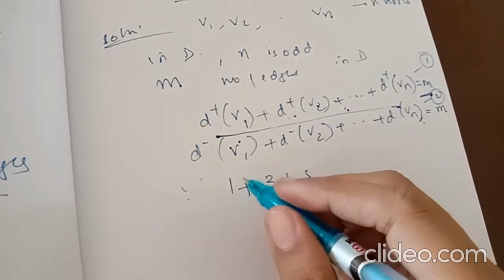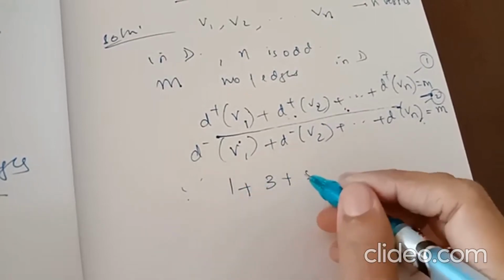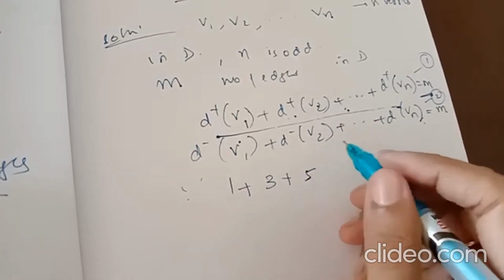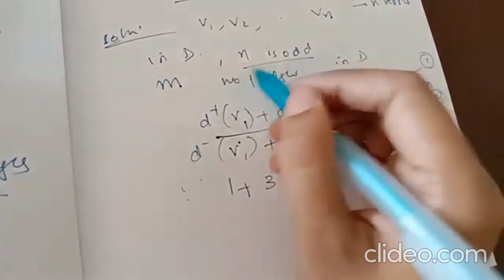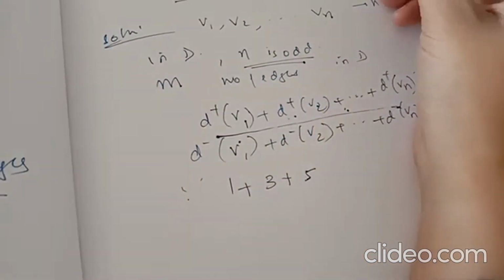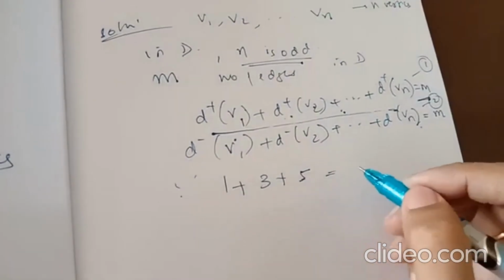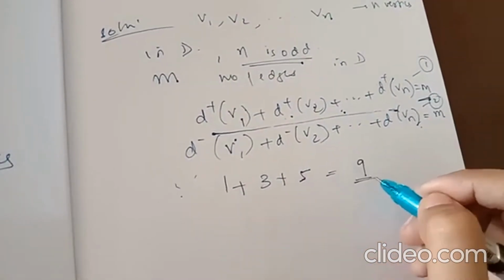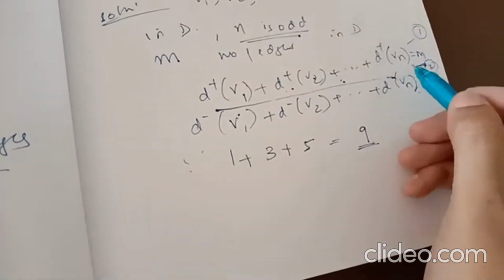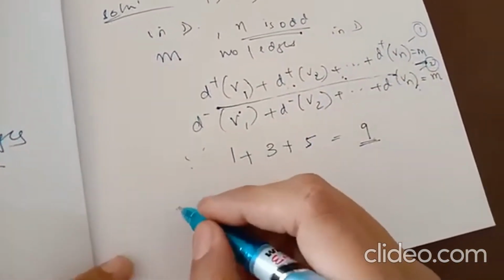For example, the number of vertices is 3. So the value of each one of them is odd as per the question. Each vertex has got odd out degree and the number of vertices is odd. So what is the sum? Sum is also odd. That is what we have proved, right? So m is also odd. We can write that in a sentence.